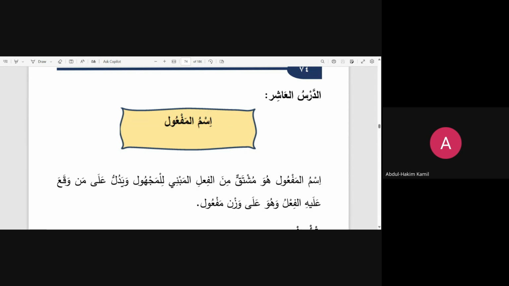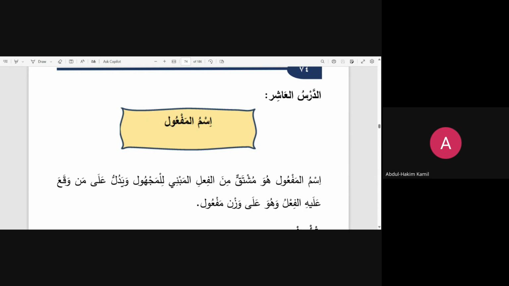Both of them are taken from the fi'l. They're taken from the verb. So fa'il comes from what? Fa'ala. Jalis comes from jalasa. Even kadhab, even if it's siga mubalagha, comes from kadhiba. Was ghaffar, it comes from ghafara.